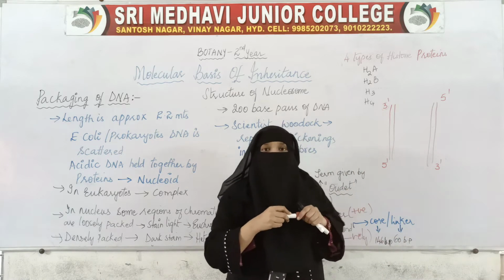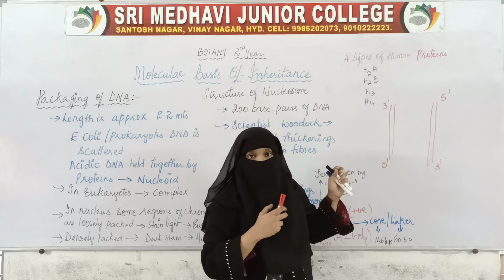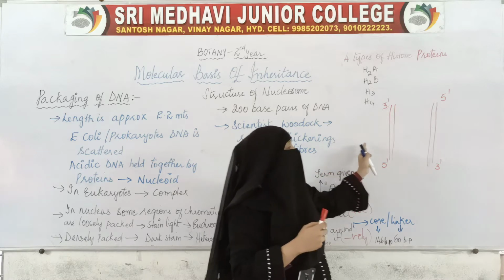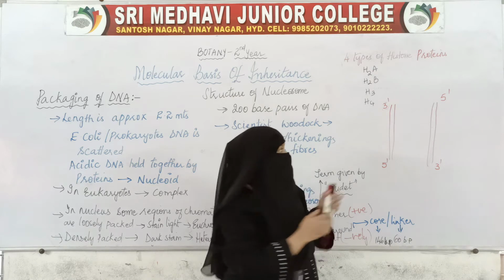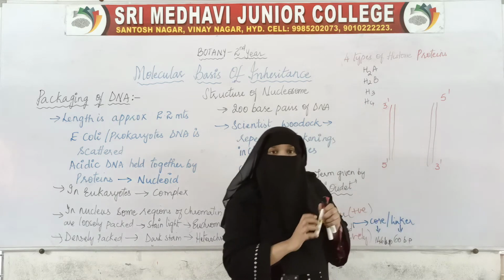That is, DNA is made up of double strands, and both the strands are anti-parallel to each other. Parallel means going side by side, but these are anti-parallel.